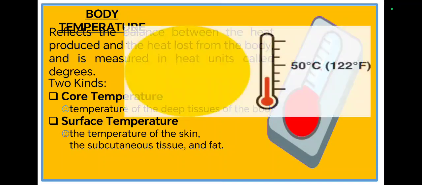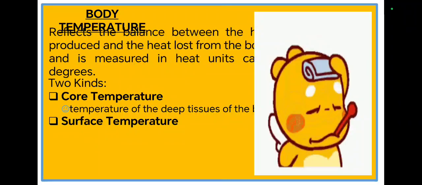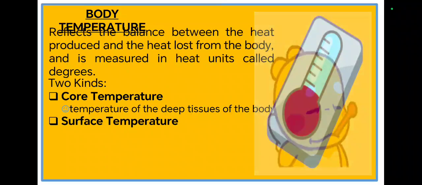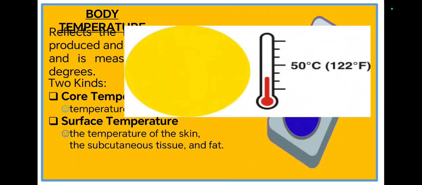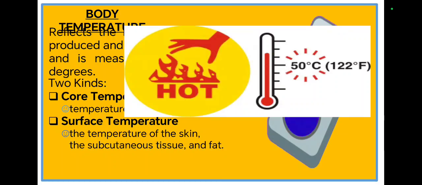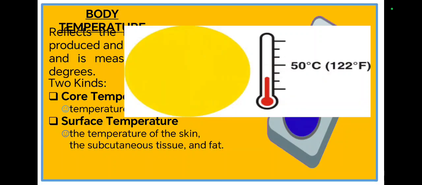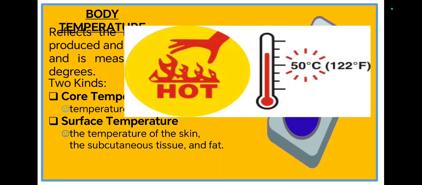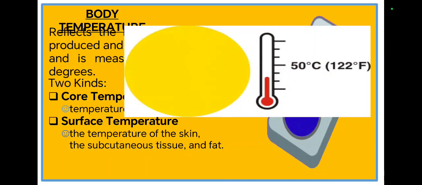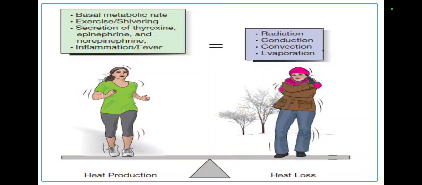Your core temperature is the temperature of the deep tissues of the body, while the surface temperature, which we can assess by using the dorsal part of our hand, is the temperature of the skin, the subcutaneous tissue, and fat. We have different equipment that we use to assess these two types of temperature, the core and the surface temperature.